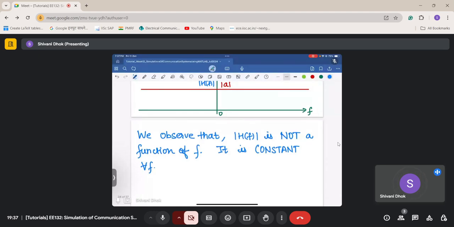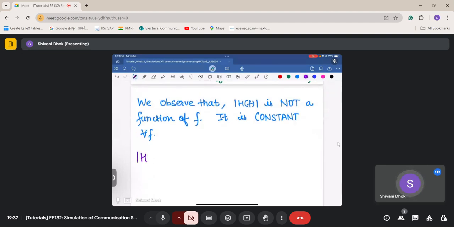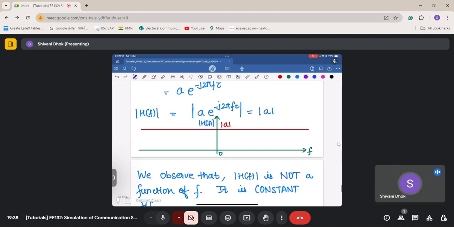Or in other words, what we can say is that the magnitude of h of f is affected in the same way for all frequencies.